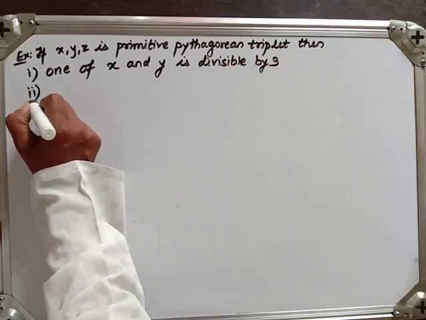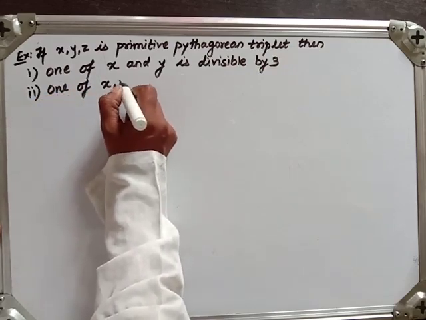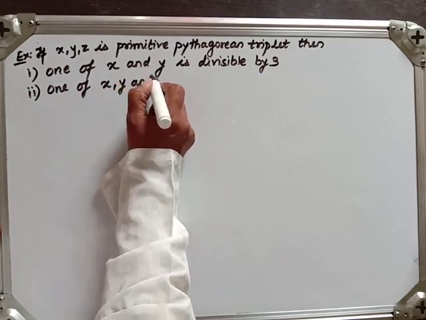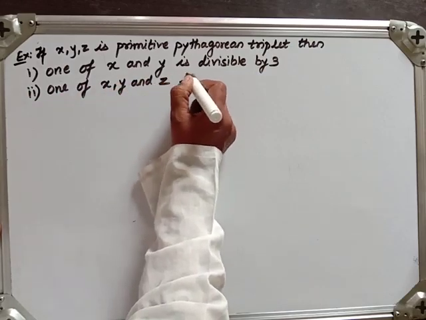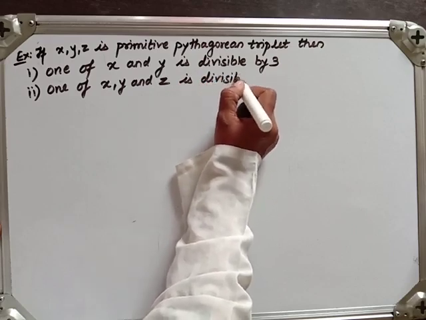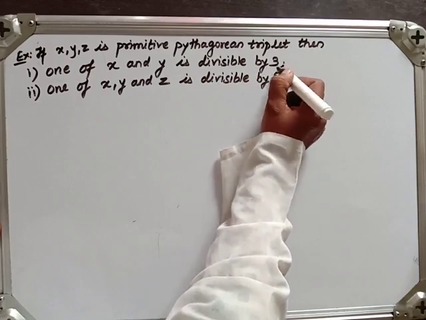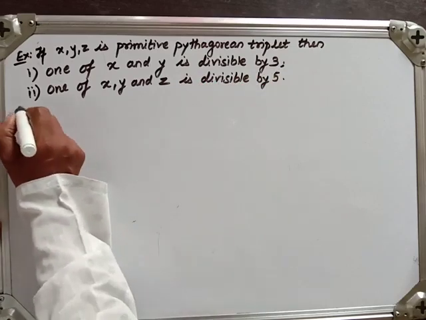Second, one of x, y and z is divisible by 5. Okay. Solution.